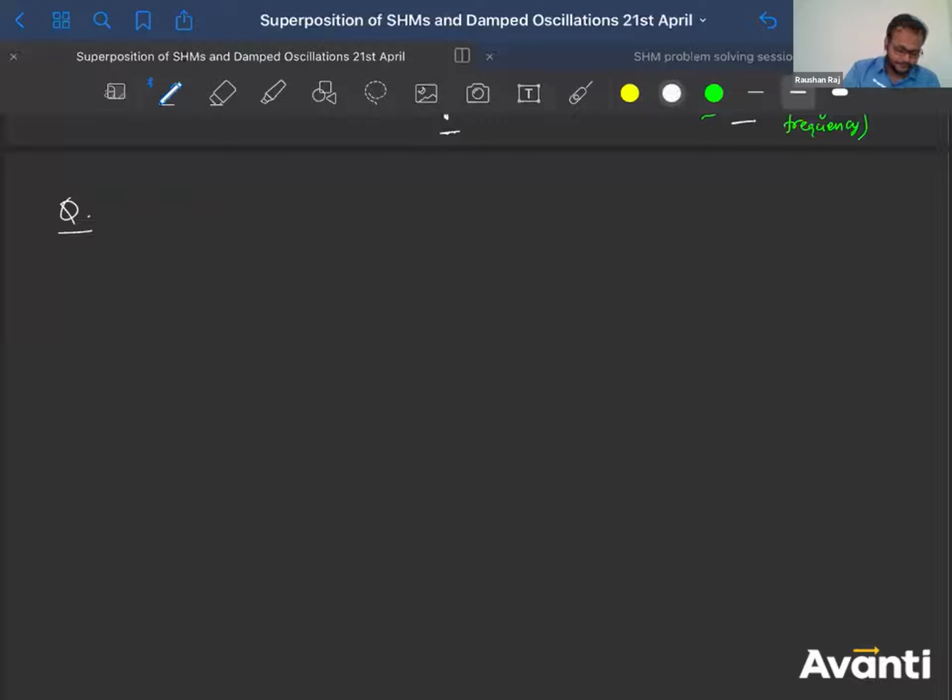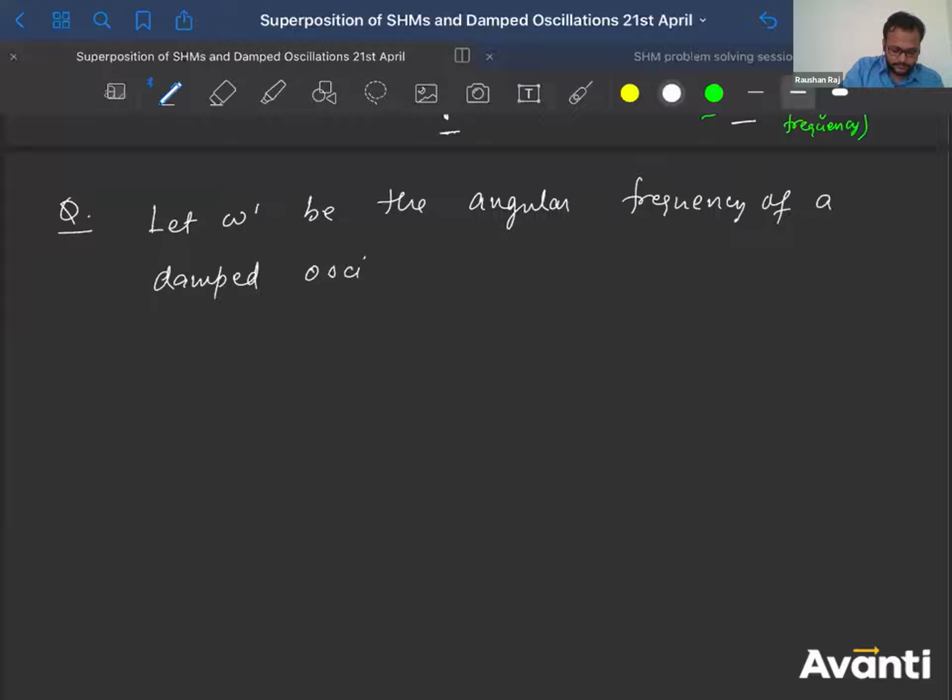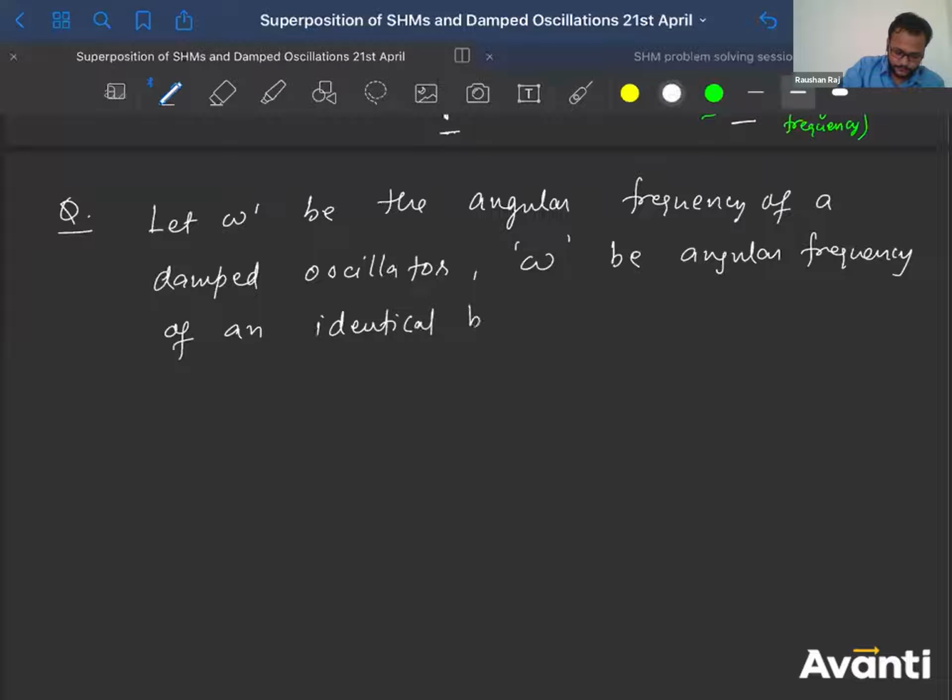Question is: let omega dash be the angular frequency of a damped oscillator, and omega the angular frequency of an identical but undamped oscillator.